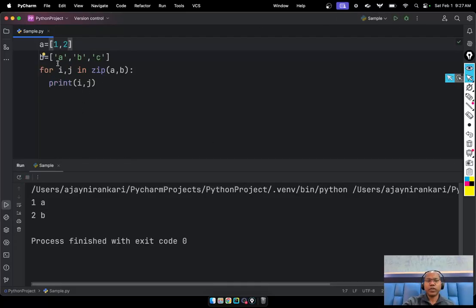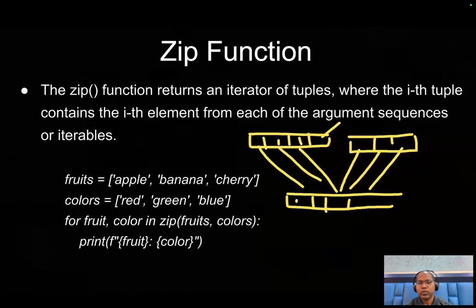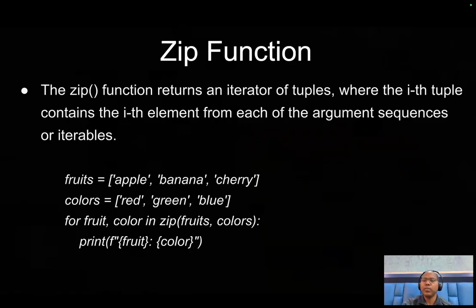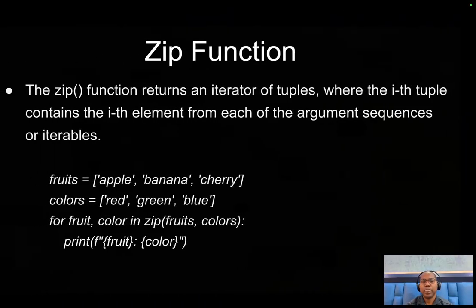Whatever the first, second, and third match, they are zipped. Sometimes you want to mix two lists and make one combined, and do whatever operation you want. So these are the zip functions, which help us get the ith position of each argument between both lists.